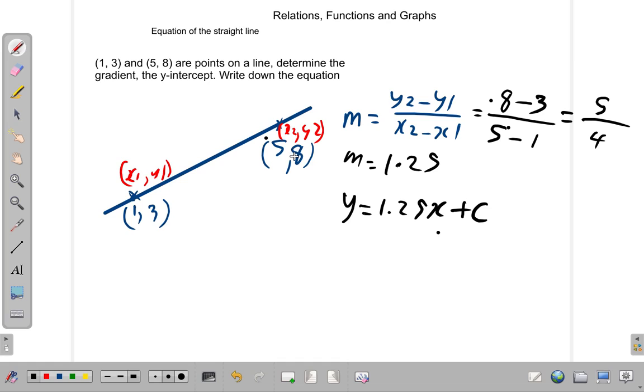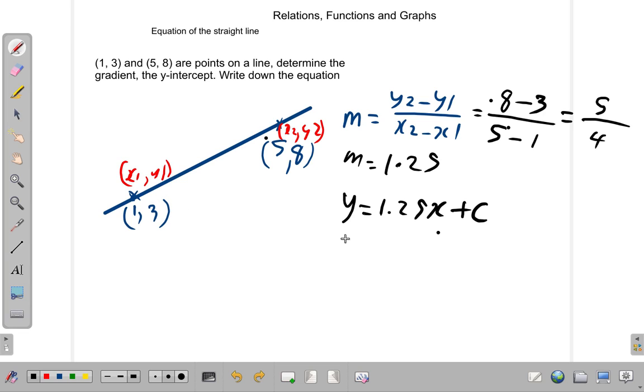We have a y and an x at this point, so we can substitute 3 for the y and 1 for the x, because at point 1 our y is 3 and our x is 1.